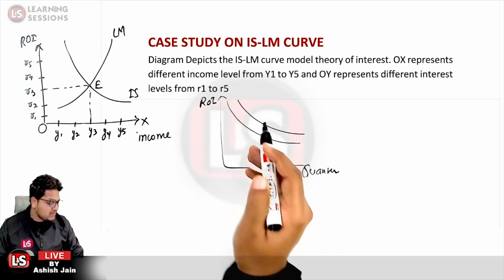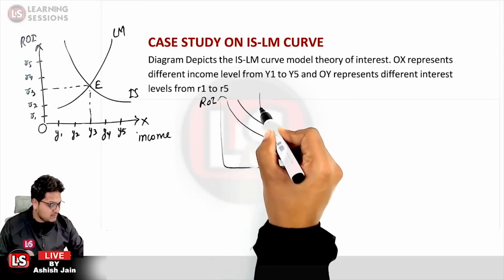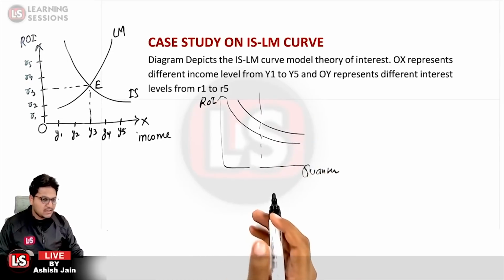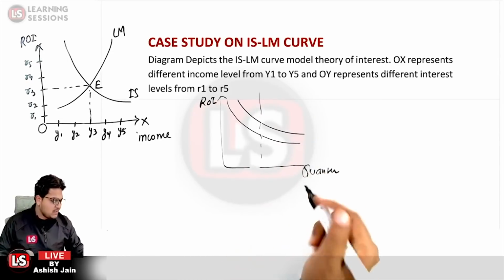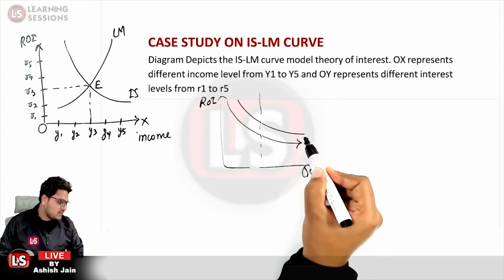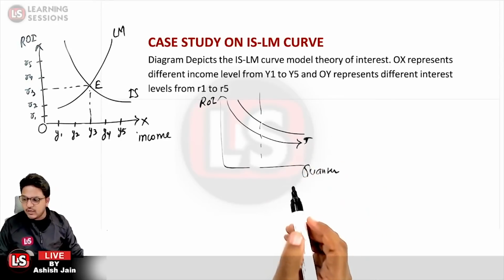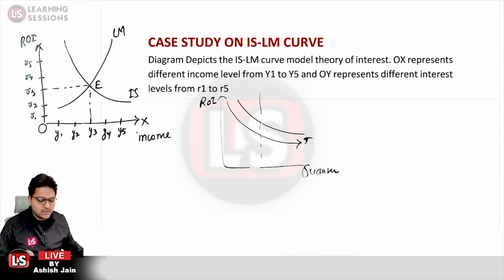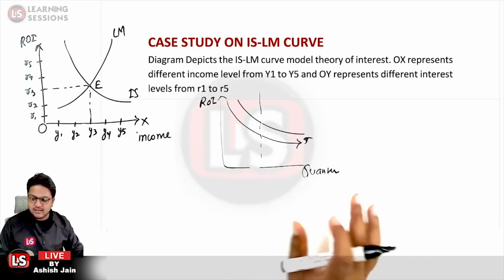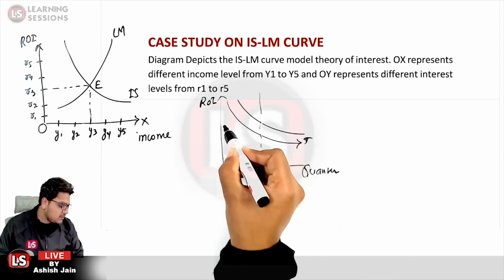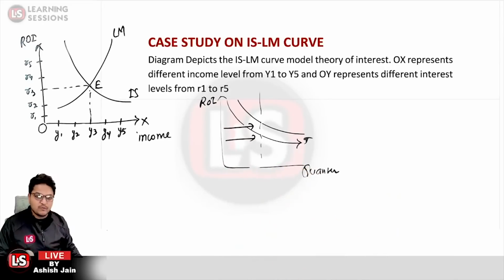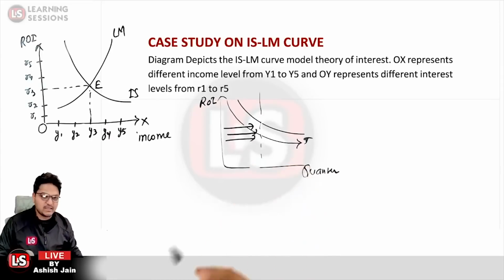So if we have a fixed money supply, and further if the rate of interest is increased, our curve will basically shift upward. And also we can predict that if there is an increase in income, our curve will move from left to right. Is that clear?